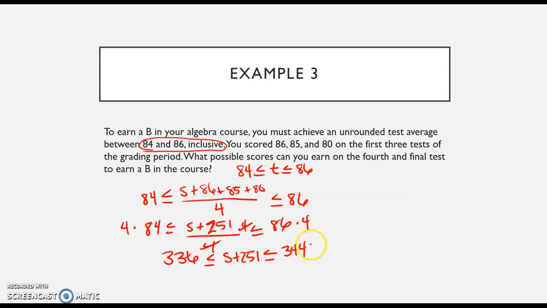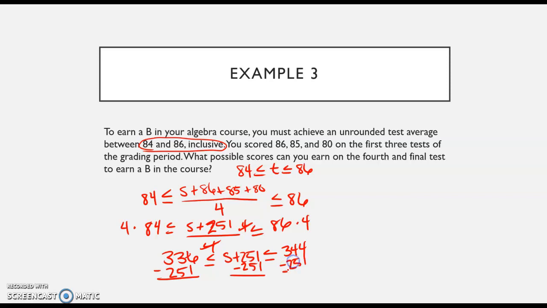Now, most students make a mistake because they don't do it to both of the outsides. You have to do it to all pieces equally. From here, to get the S by itself, we're going to do the opposite of adding 251, and we subtract 251 from all 3 positions.